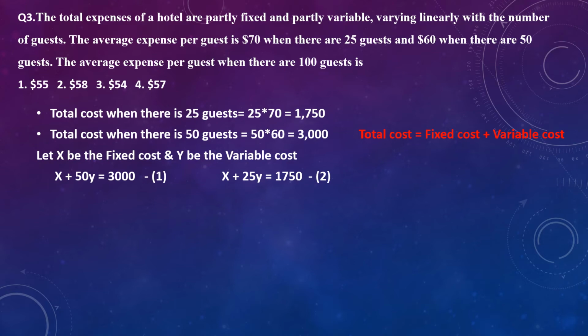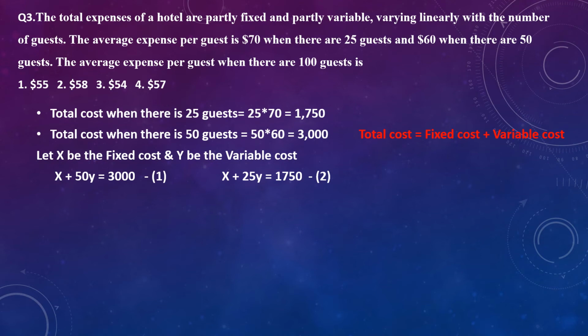So we have found equation 1 and equation 2, that is in the case of 50 guests and in the case of 25 guests. From these two equations we can find x and y. If we get two equations, we can add them or subtract them.